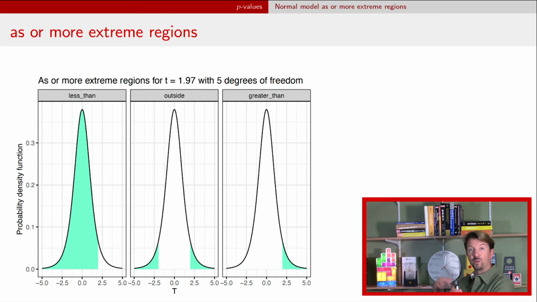On the far right, we have the greater than or equal to. And in the middle, we have the one that's more extreme, that is farther away from the expectation or the location parameter. Just like before, we can see that the two areas in that calculation are equal to each other, and one of them is equal to the right picture. We're going to use that idea when we calculate the p-values again.